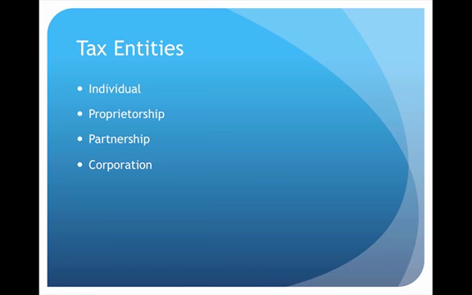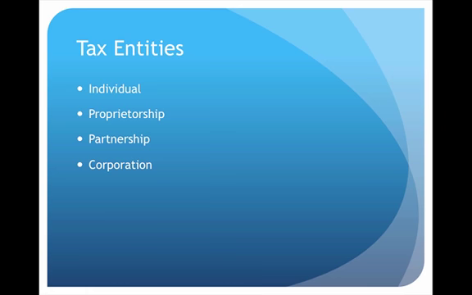So you will see, even though this is an individual income tax accounting course, you will see some instances where we will have business expenses, business income, and that, of course, will be coming from proprietorships or partnerships. So it's not until you get to that last entity that you really have an issue, and that's with corporation.